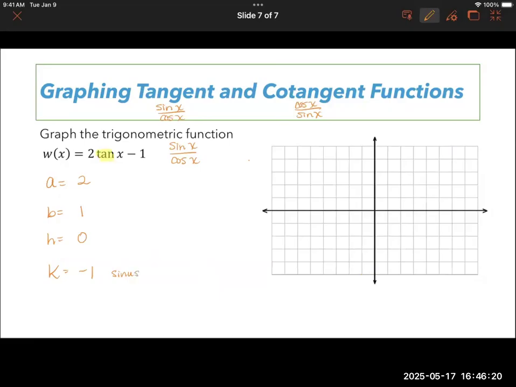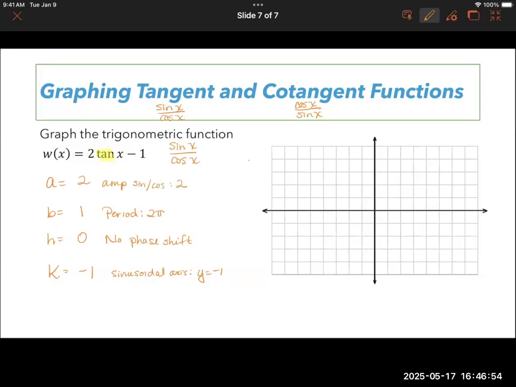So the sinusoidal axis is going to be at y equals -1. We have no phase shift. With b equal to 1, our period is just going to be the 2 pi that it is on a parent function, and we will have an amplitude for sine and cosine that is 2.